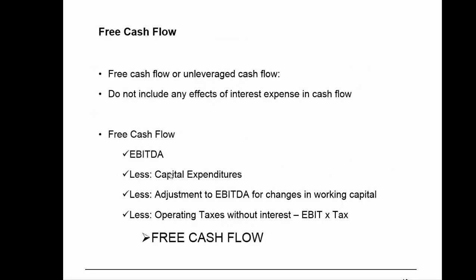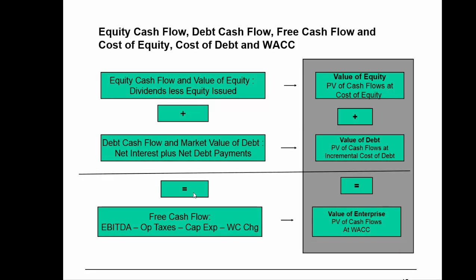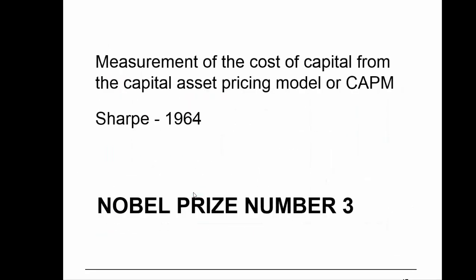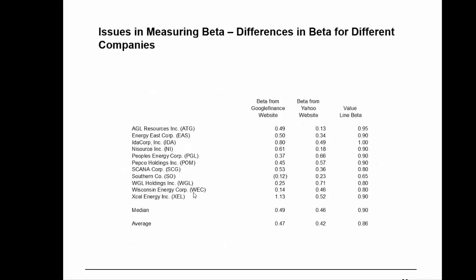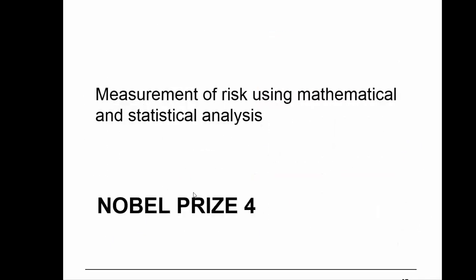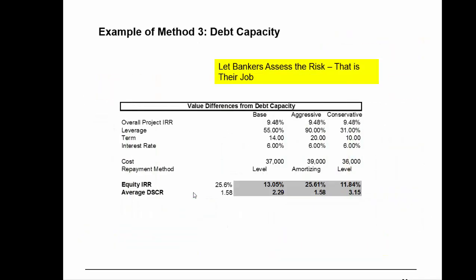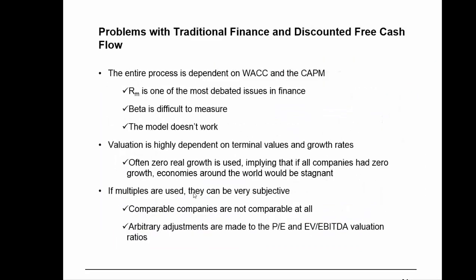Free cash flow, of course, is EBITDA minus capex and all that stuff. And this is just showing that whatever you get is questionable, okay? And then enough with CAPM and all the problems with CAPM, and some stuff about simulation and all this stuff, okay?